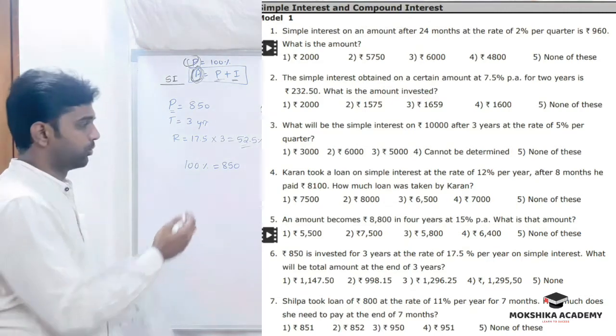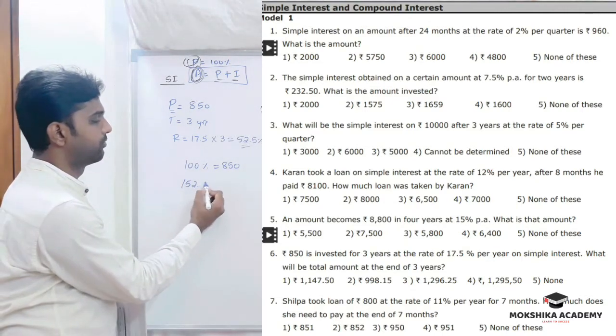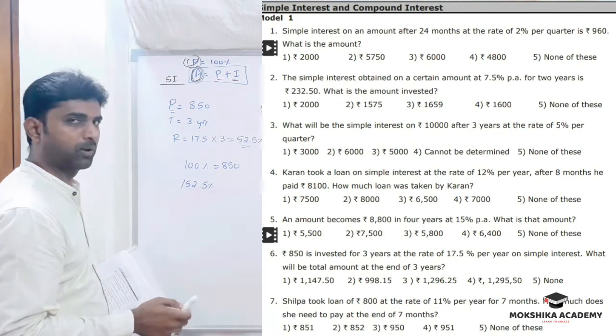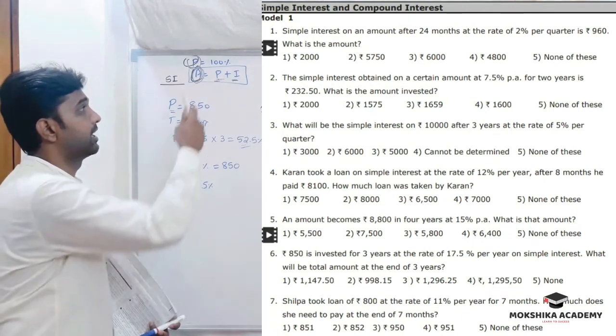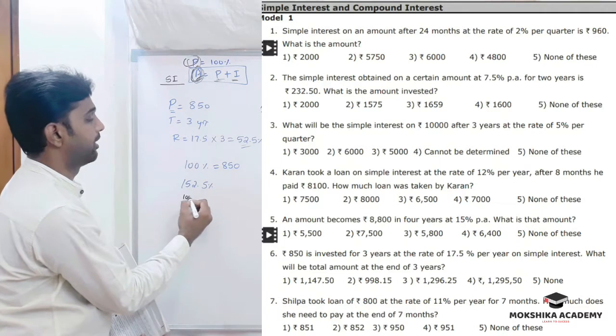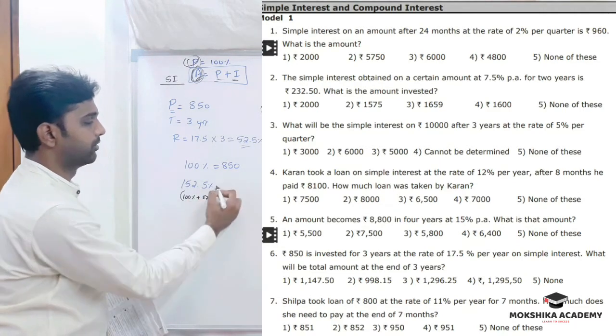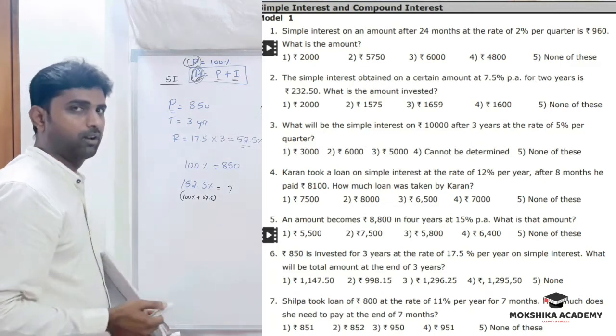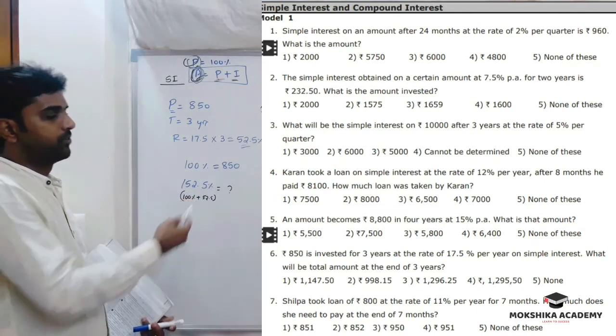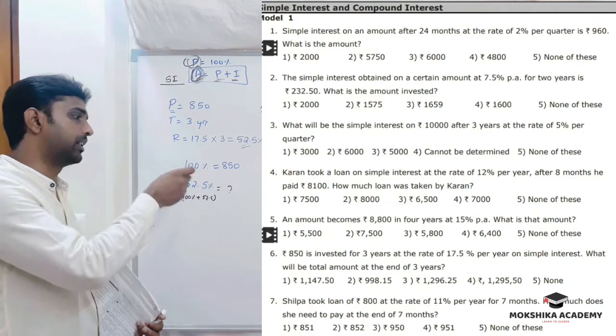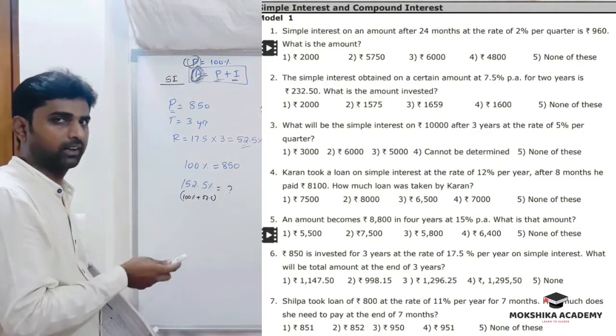Sir, what is this 152.5%? Since we are calculating the amount, that is 100% plus interest, 52.5%. Okay student, you can calculate just 52.5 and add it to this, but you can also calculate directly.